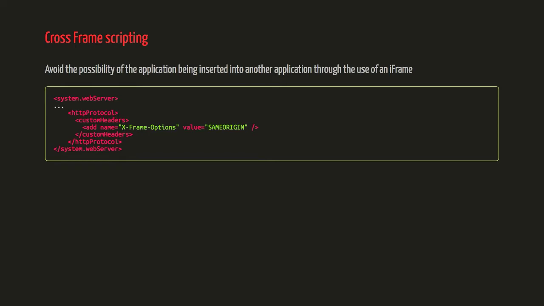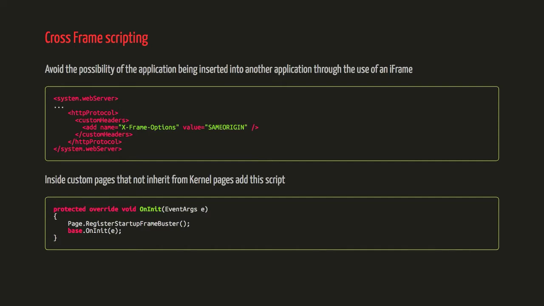It is the possibility of the application being inserted into another application through the use of an iframe. To avoid this in web.config, you can create a custom header inside the httpProtocol tag. The name is X-Frame-Options and the value must be set to SAMEORIGIN. This custom header is already present in Kernel for new projects.